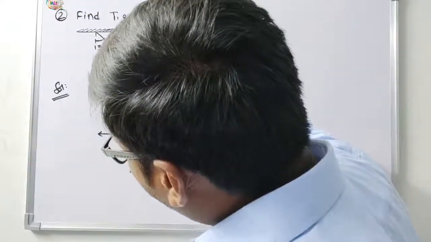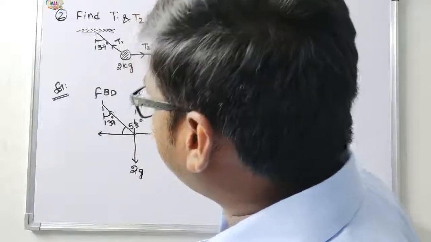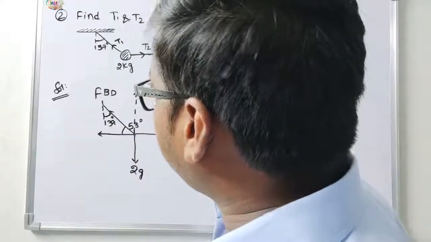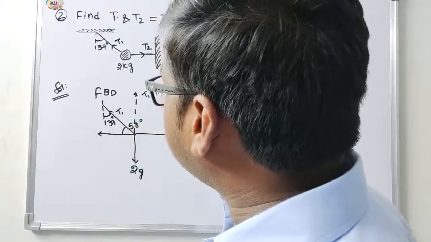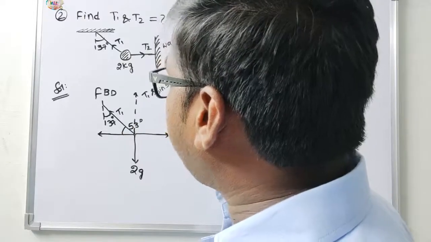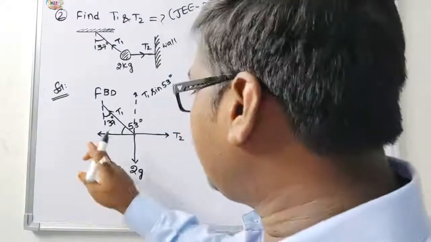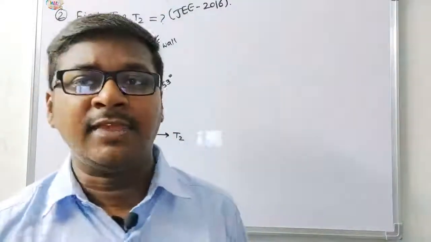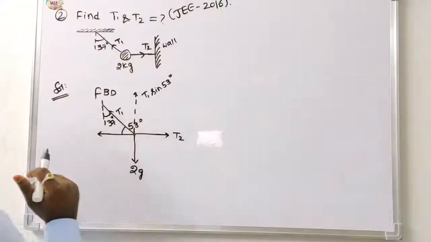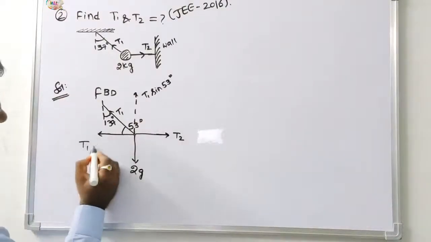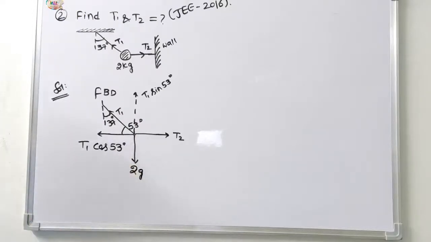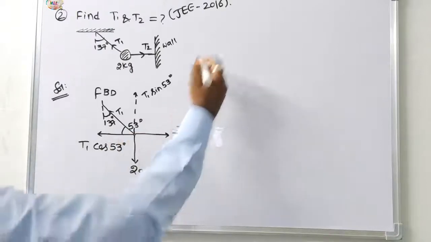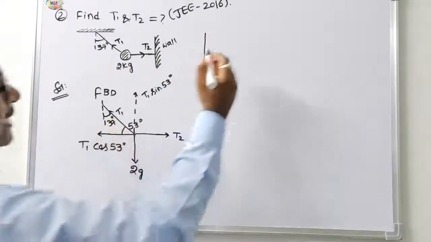This is the vertical component. The vertical component of the tension is T1 sin 53 degrees. On this side, the horizontal component is T1 cos 53 degrees. So first, taking the vertical direction.